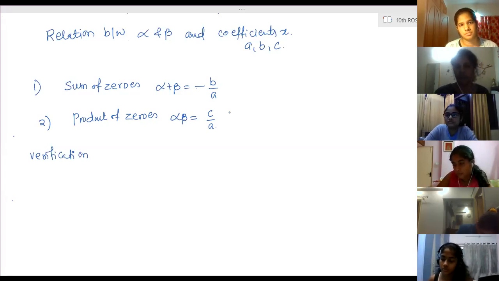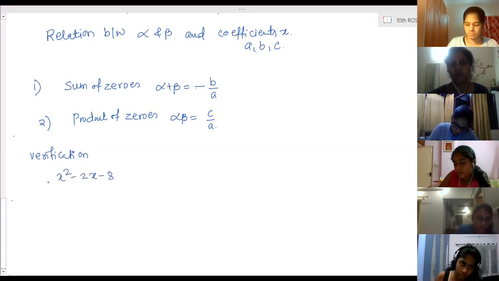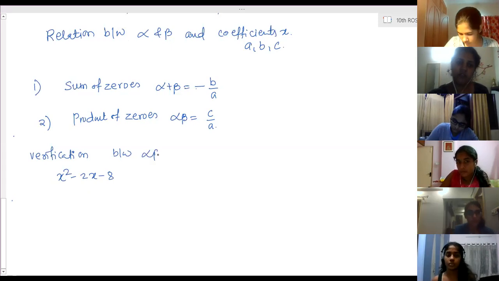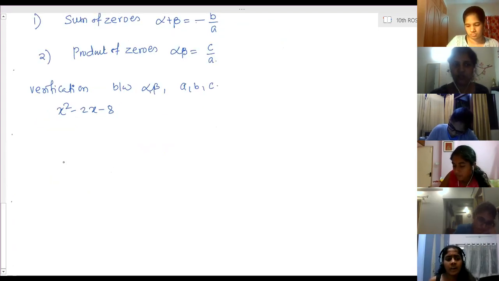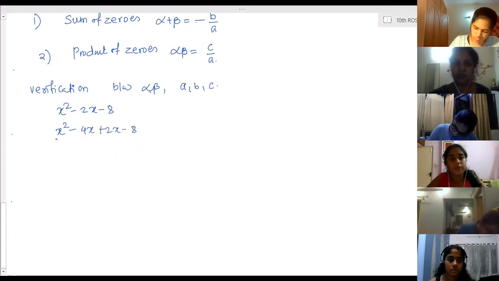x square minus 2x minus 8. This is the polynomial we have. We have to verify the relation between alpha, beta, and a, b, c. For that, first you have to solve this quadratic equation. 8 means 4 twos are 8. x square minus 4x plus 2x minus 8.